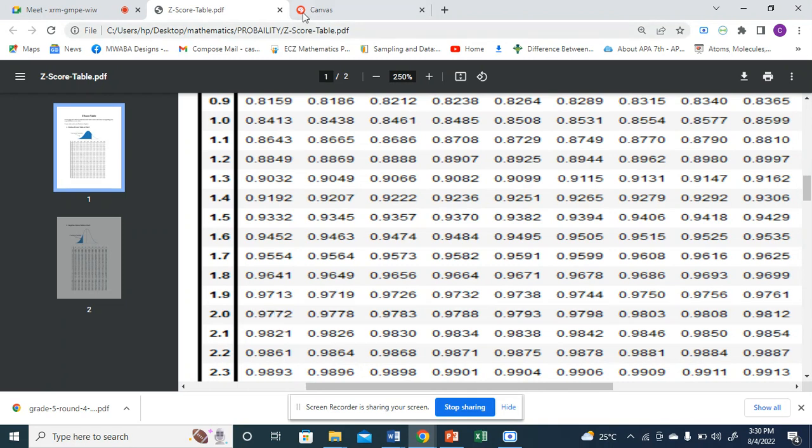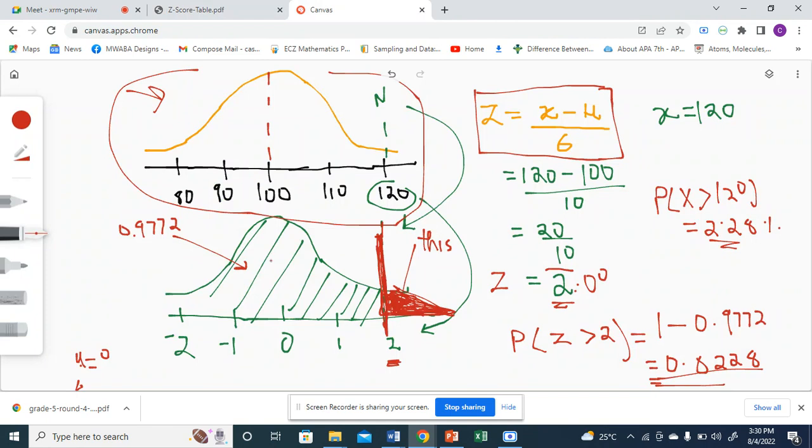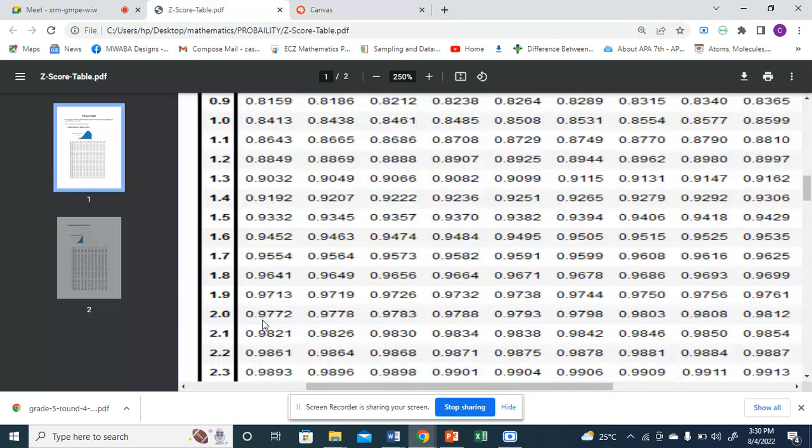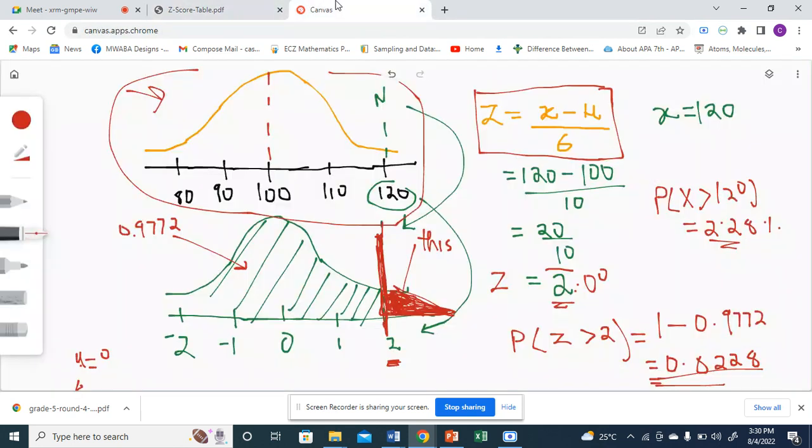Are we okay with that, Mrs. Chulu? This shaded region in green represents this probability here, 0.9772. Since we want the probability which is greater than 2, you subtract 1 minus 0.9772, and that's how we got 0.0228.